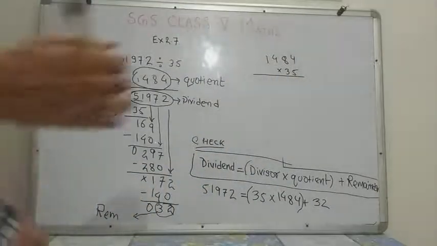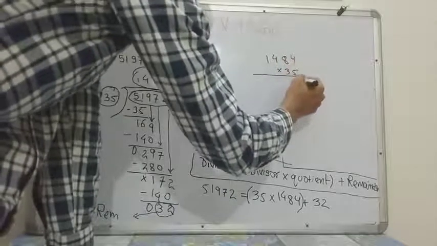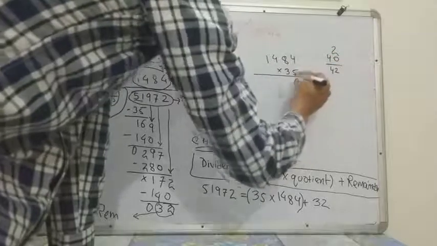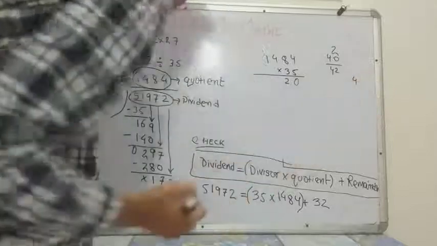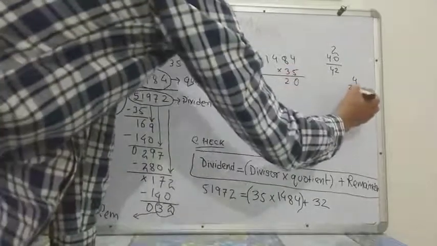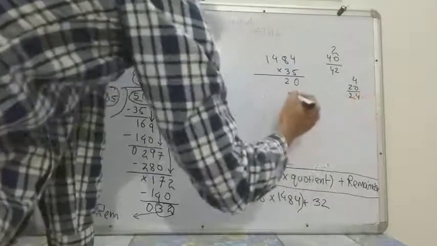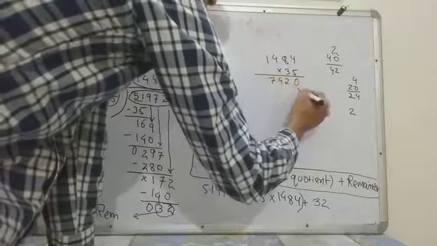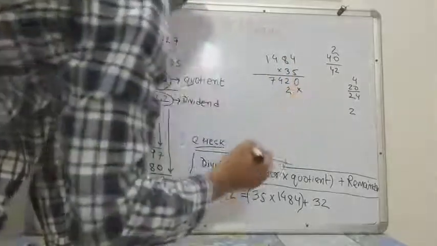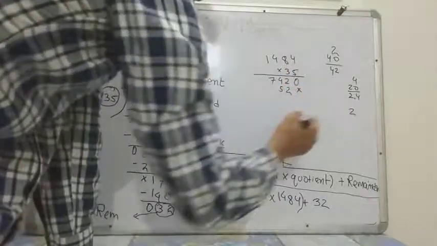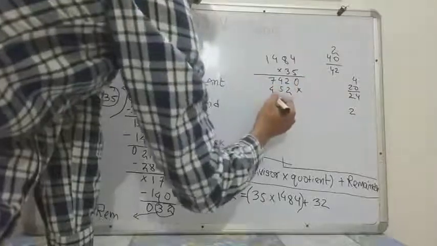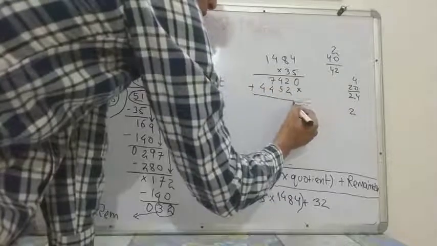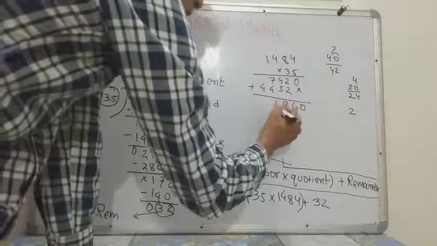First we take the unit digit, that is 5. 4 5s are 20, carry 2. 8 5s are 40, plus 2, carry 4. 4 5s are 20, carry 2. 5 1s are 5, 5 plus 2 is 7. Then 3 4s are 12, 3 8s are 24, 25, carry 2. 3 4s are 12, 14, carry 1. 3 1s are 3, 4. Now we have to add the digits: we get 0, 4, 9, 11, 5.